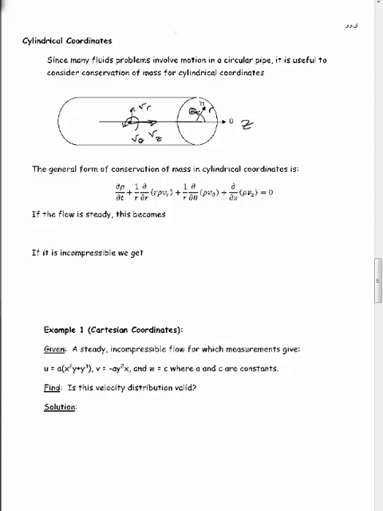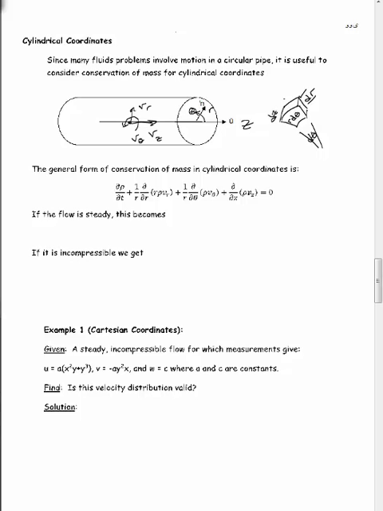And if you go ahead and make a little pie shape instead of a cube for your little tiny differential control volume, here you have a d theta, this would be your dr, and across here it's going to be r d theta. Okay, and we're going to have a dz coming out of the page here.